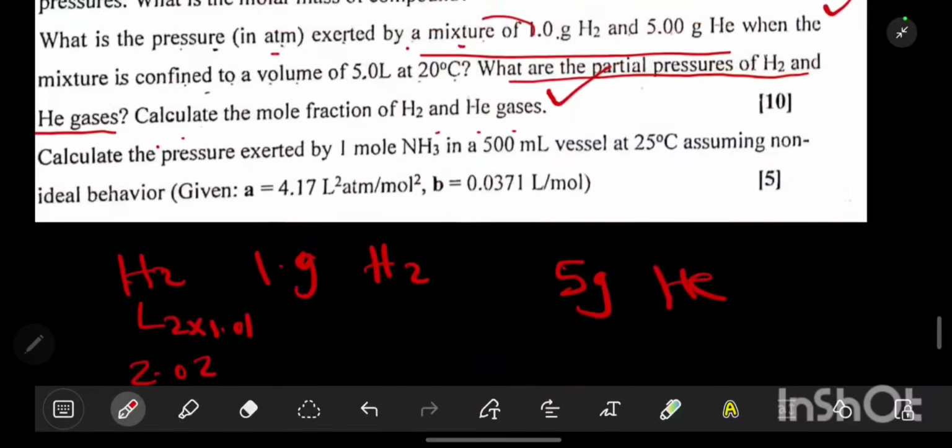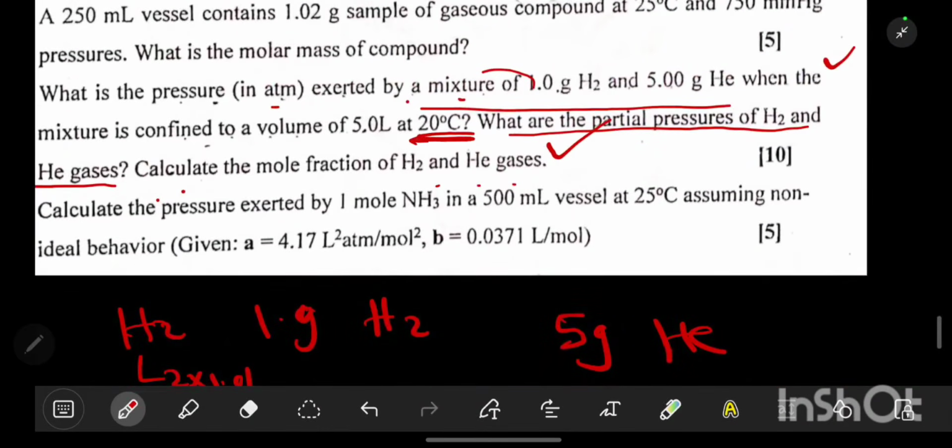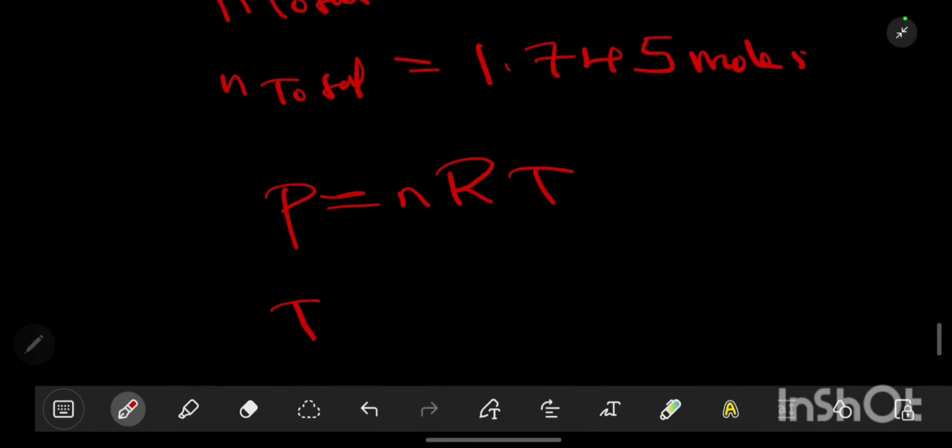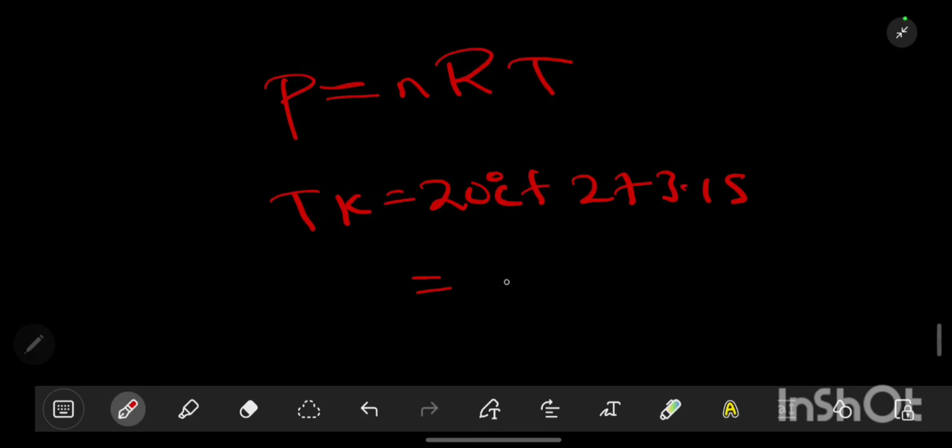Provided that the temperature is in degrees Celsius, we convert it: the temperature in kelvins is equal to 20 degrees plus 273.15, which gives us 293.15. So this is the temperature in kelvins.